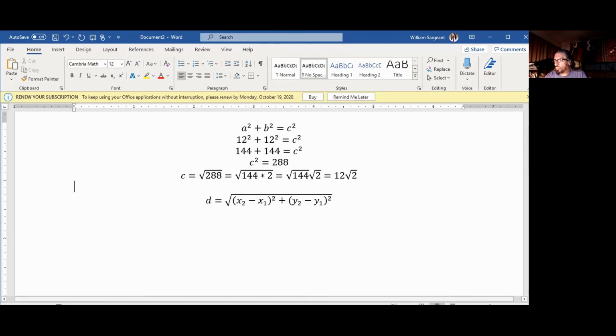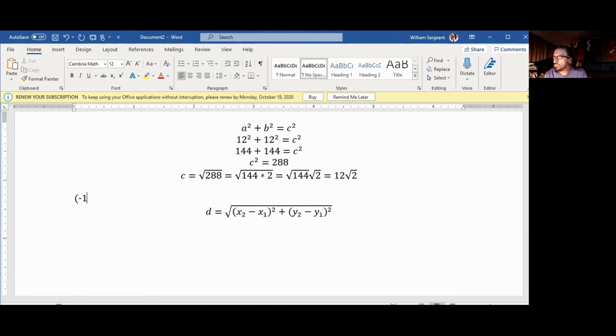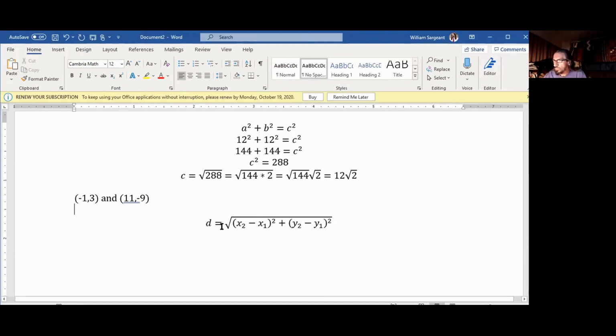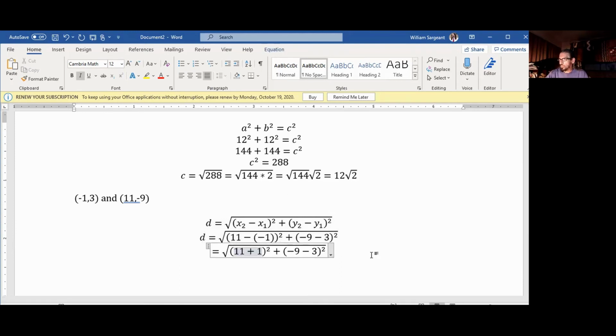Now remember our points. Here's what we get plugging that into the distance formula and then simplifying. Subtracting a -1 is going to be the same as adding a +1.